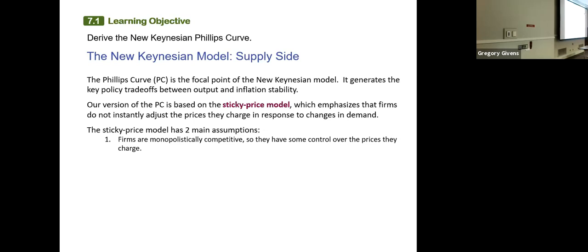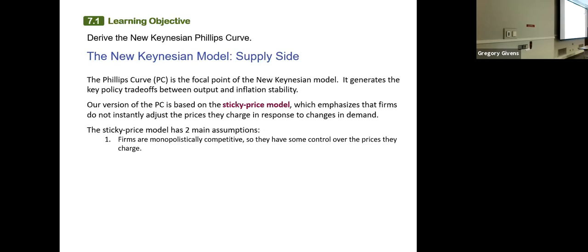Simply, they set price equal to marginal cost. In a perfectly competitive world, firms are price takers. They have no pricing power. They simply set the price of their product, which, by the way, is identical to the product that other sellers are selling, right? Equal to their own marginal cost.